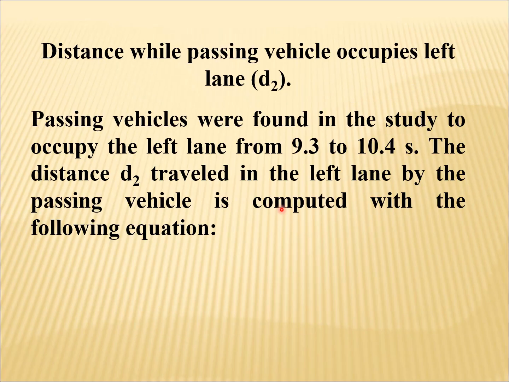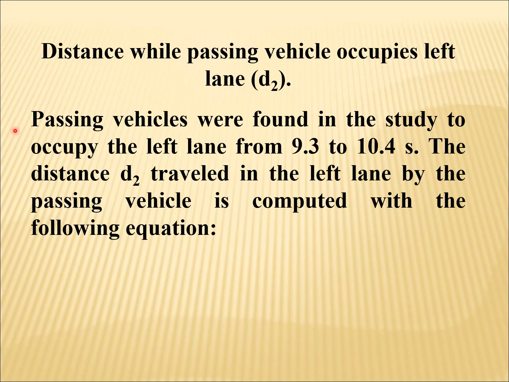Then for D2, that is the distance while the passing vehicle occupies the left lane, basically the figure that I have discussed is meant for those countries where we have left-hand driven cars. So that is why the word left is there, but from Pakistan's point of view, obviously this word is to be changed into right.